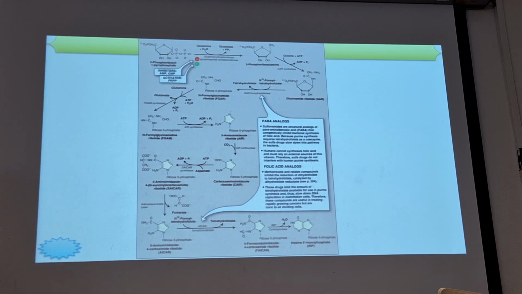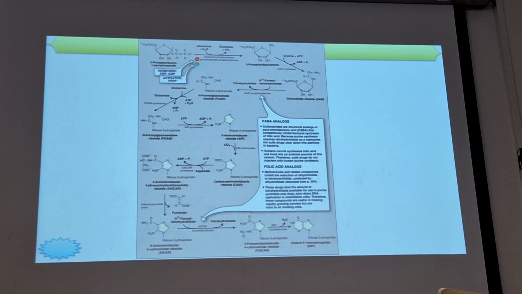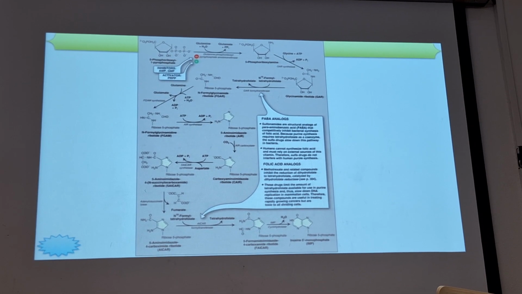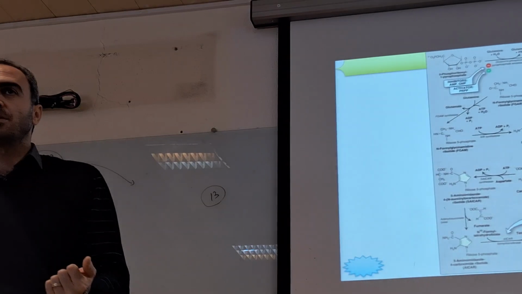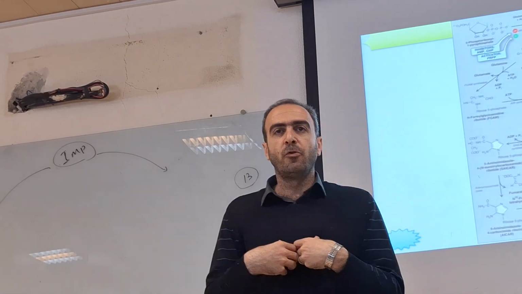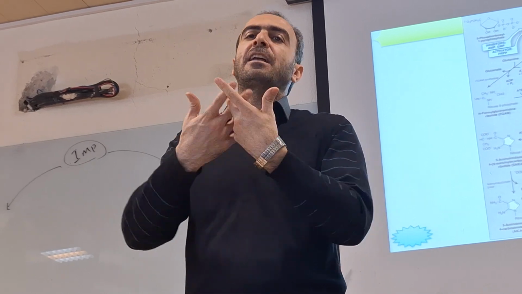When we don't have folic acid, we can't make nucleotides. When we don't have nucleotides, we can't make DNA. When we don't have DNA, we can't proliferate cells. So sulfonamides are antibiotics. But in eukaryotic cells, we receive folic acid from the diet and then we activate it.